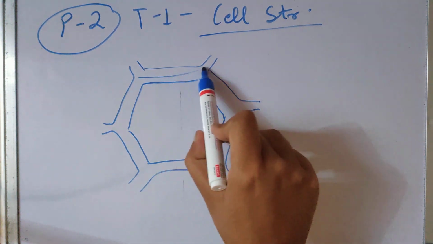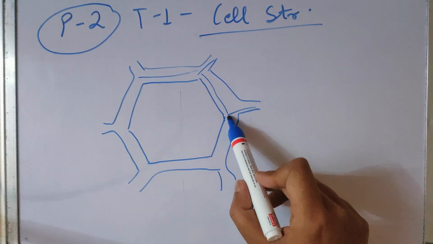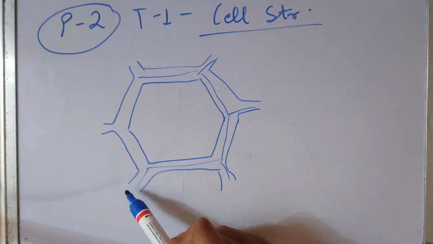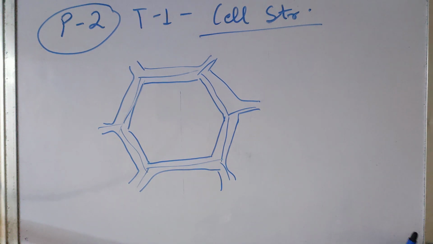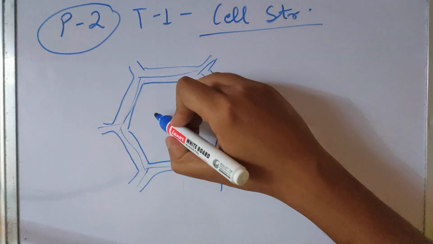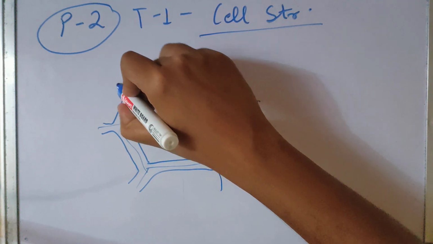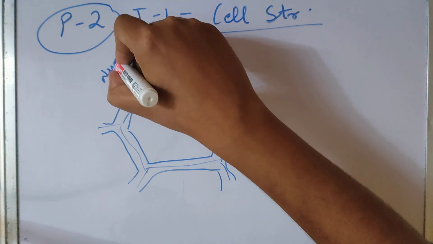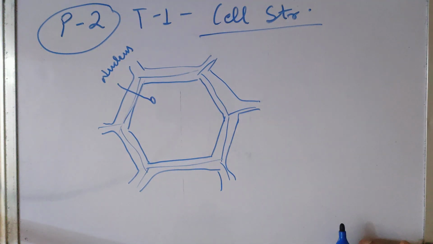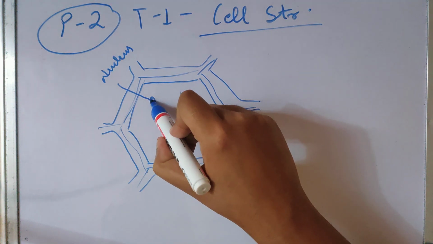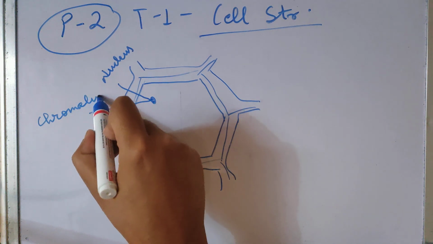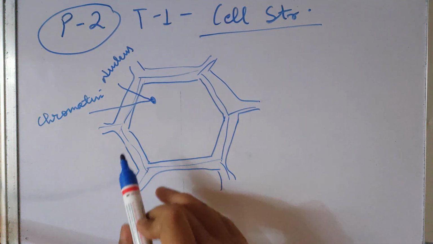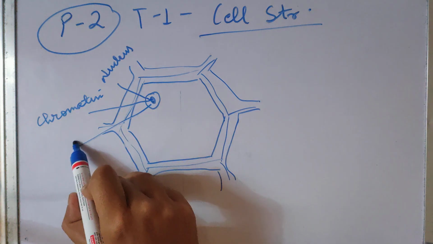This is the ultrastructure of the plant cell, and here you will see the nucleus. And inside the nucleus we can see chromatin, and over the nucleus there is the nuclear envelope.